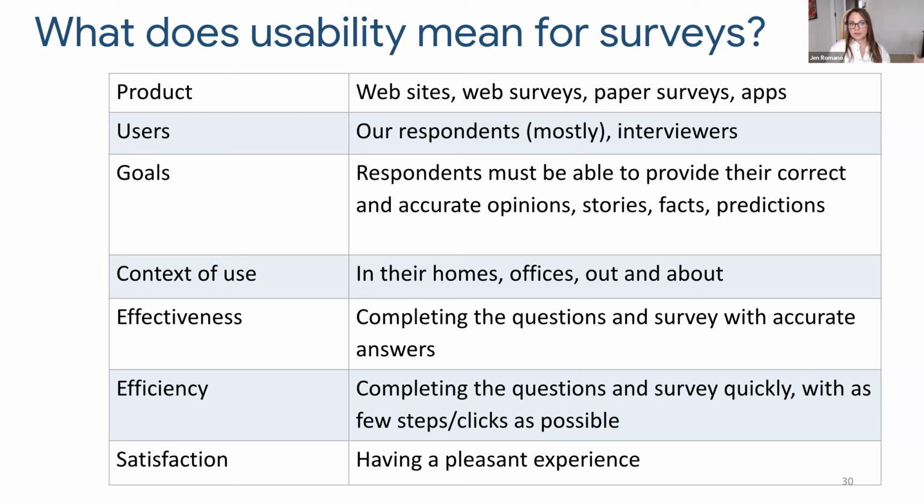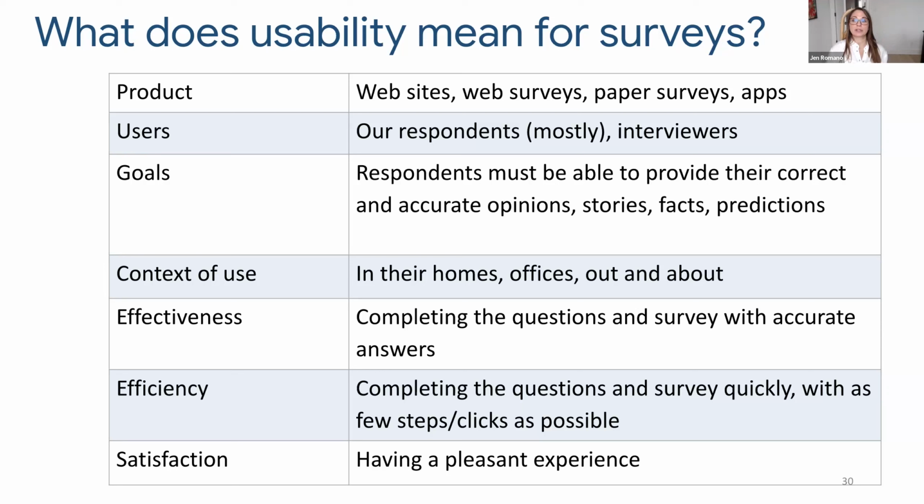Could be a lot of different things, but think broadly when you think about what the product is that we're testing. Our users are usually our respondents. They could be our interviewers if we're testing how interviewers interact with the survey. And if they can properly use the survey and record responses, then that's important too. But oftentimes we are conducting usability testing with our respondents.